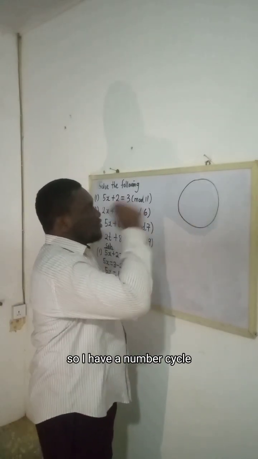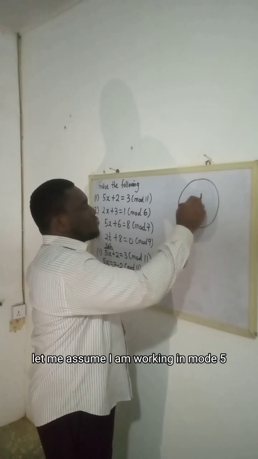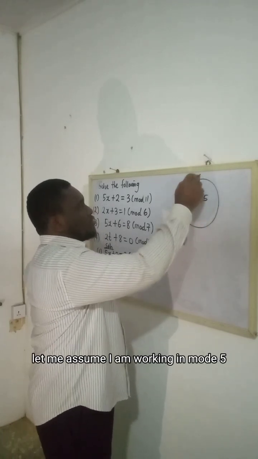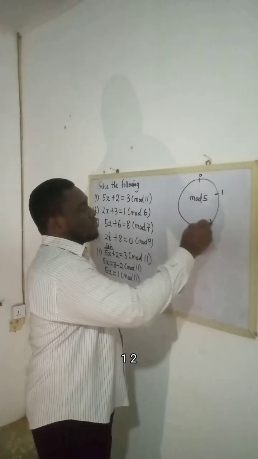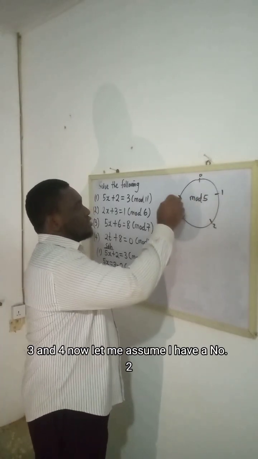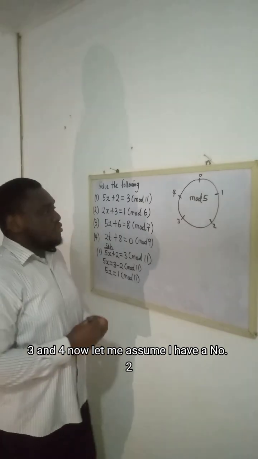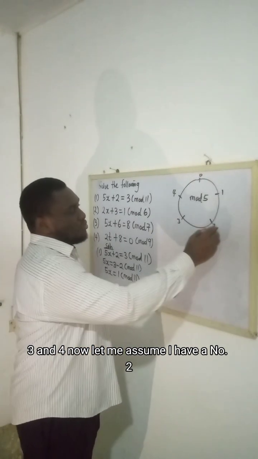Okay, so I have a number cycle. Let me assume I am working in mod 5. Of course, the digits will run from 0 to 4. So this is 0, 1, 2, 3, and 4. Now, let me assume I have a number 2.